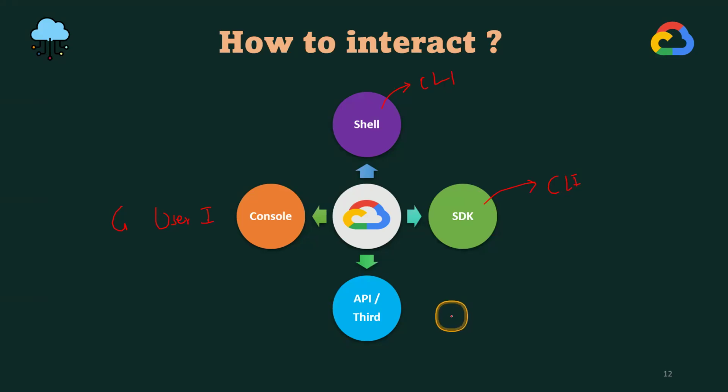So if you wanted to interact with the Google Cloud Platform, we have Console, Cloud Shell, and Cloud SDK. Console is a graphical user interface. Cloud Shell is a command line interface. Cloud SDK is also a command line interface. We will see these in detail tomorrow.